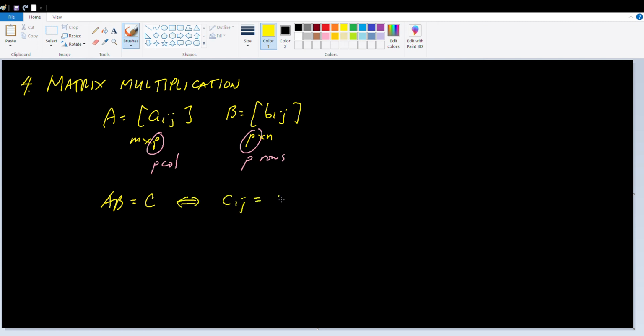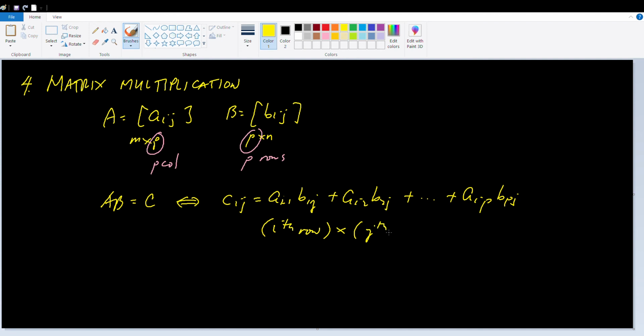Cij is equal to Ai1 B1j plus Ai2 B2j plus and so on and so forth, AiP BPj. So the ith row of A is multiplied to the jth column of B. All the products are added together to form the element Cij.